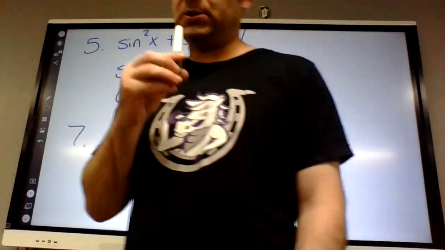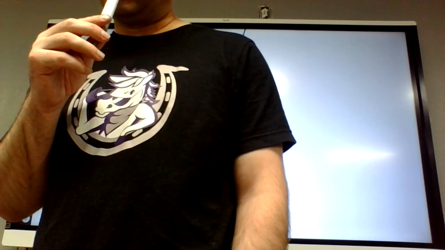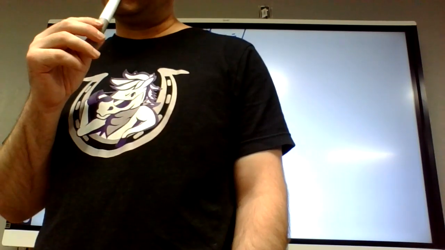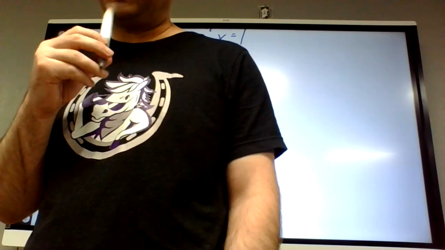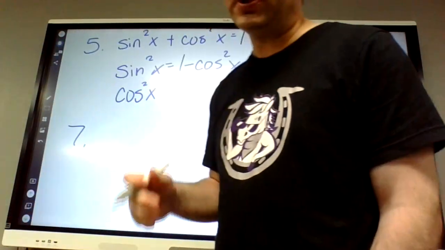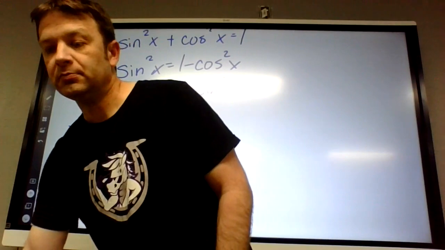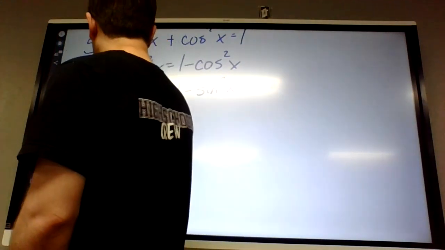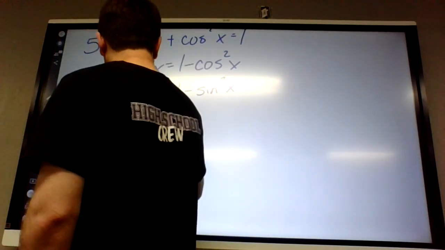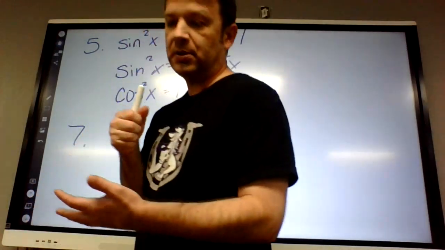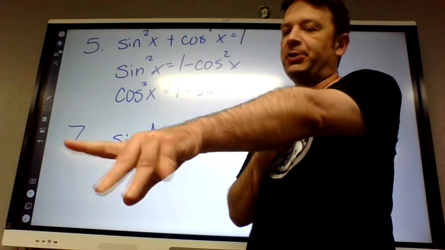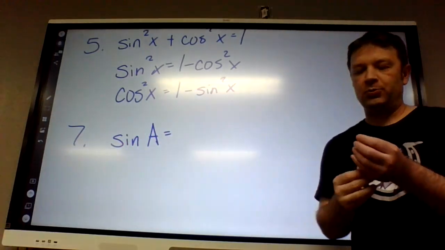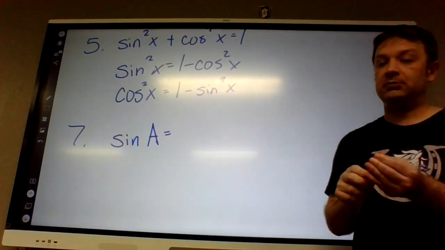Number 7. Show that each statement is true for acute angle A and its complement. Okay, so on number 7, it says sine of A. We're supposed to use that little picture, that triangle on the right.